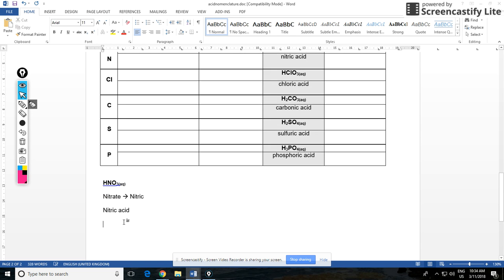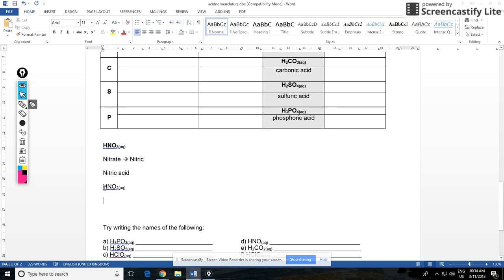Okay, now let's take a look at this acid over here, HNO2(aq). Our first step is to figure out which polyatomic ion we have. So again, recognize that you don't have a binary acid here. You have an oxyacid because it's a polyatomic ion, and we also have the (aq) there.